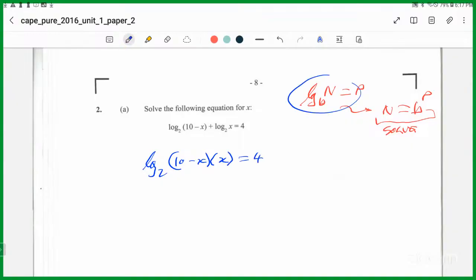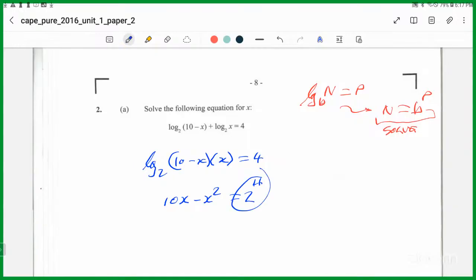So we have this now. This represents a number. This is your base b. This is your power p. So this number, which really becomes 10x minus x squared if you expand it out, equals this base of 2 raised to this power of 4.